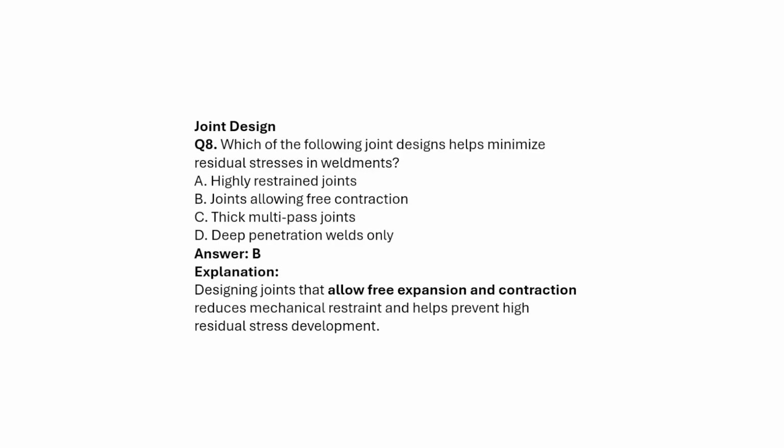As we see, residual stresses are generated by restriction of the joints also. So if the joints are freely moving, the amount of residual stresses is low. Designing joints that allow free expansion and contraction reduces the mechanical restraint and helps to prevent high residual stress development.